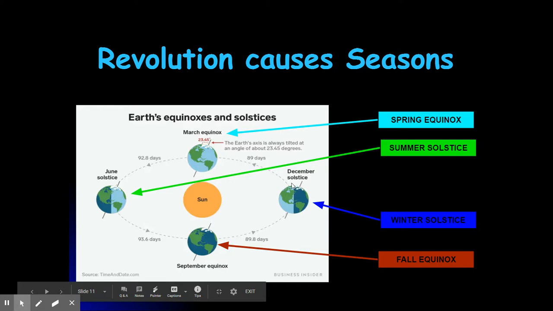89.8 days later, we're in this position where the northern hemisphere is now pointed away from the sun. So now it is winter in the north and summer in the south. So to give you an idea, the Summer Olympics many years ago was held in Sydney, Australia, which is in the southern hemisphere.